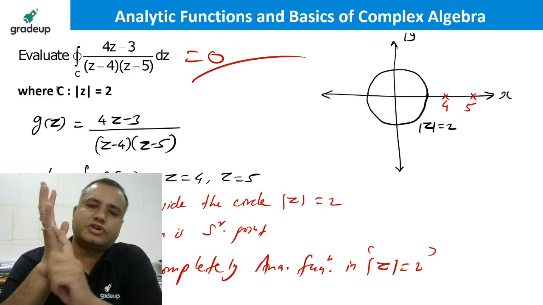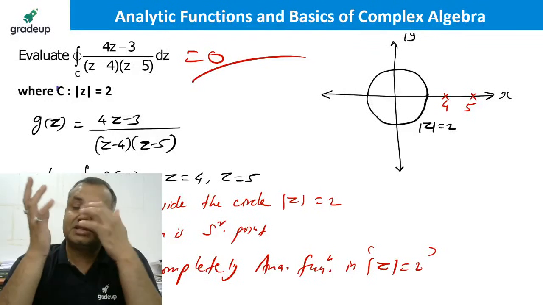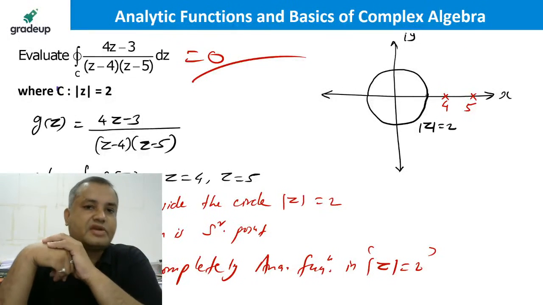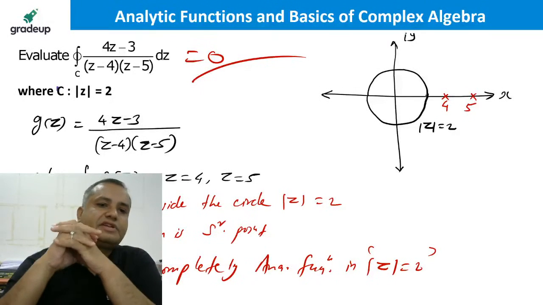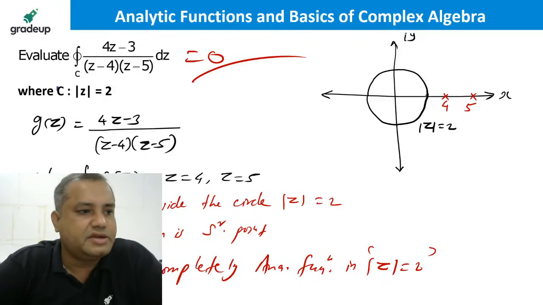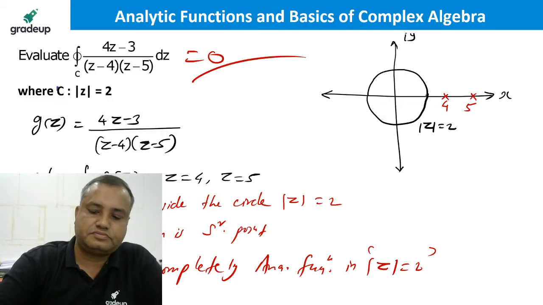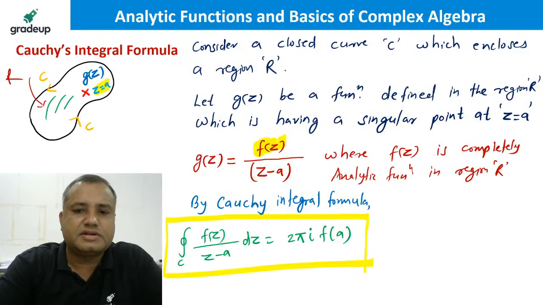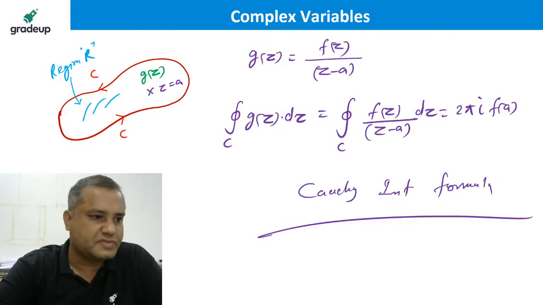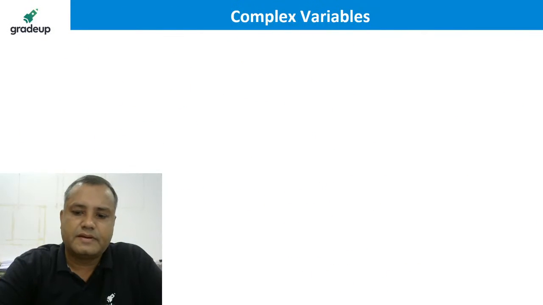So when there is no singularity in the region R, by Cauchy's integral theorem, the answer will be 0.